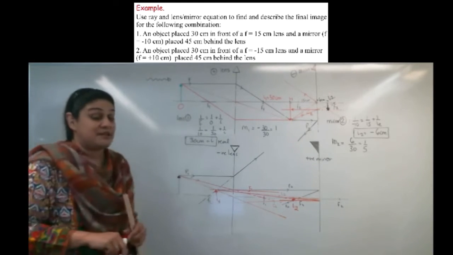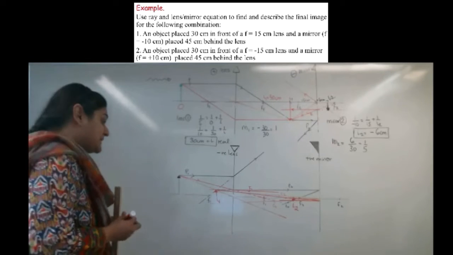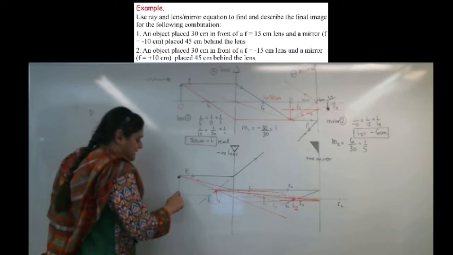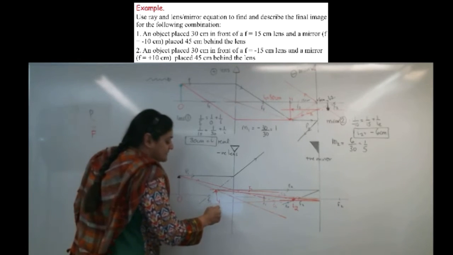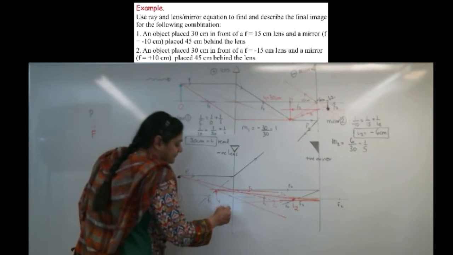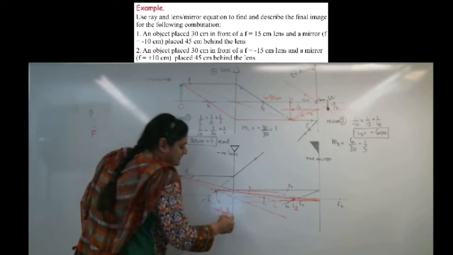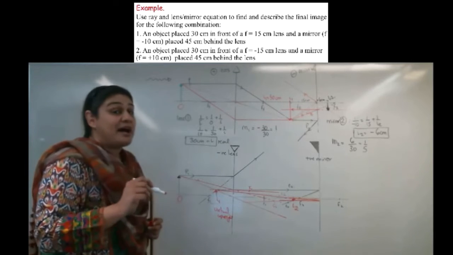So, now, the question is, is this a real image or a virtual image? So this one is my object. I1 is virtual and upright. Okay? What about I2?